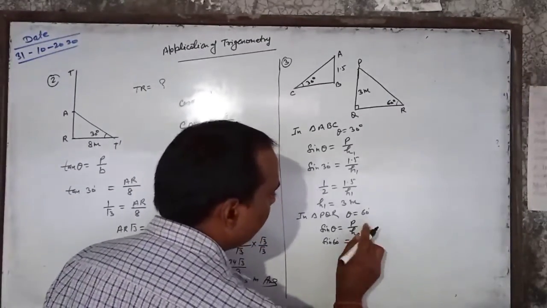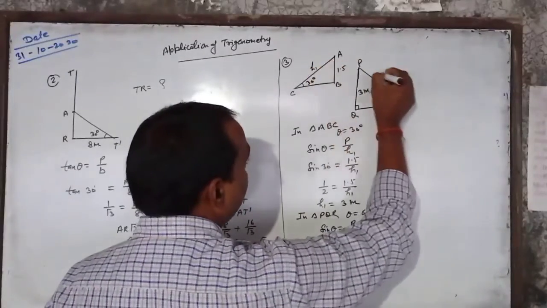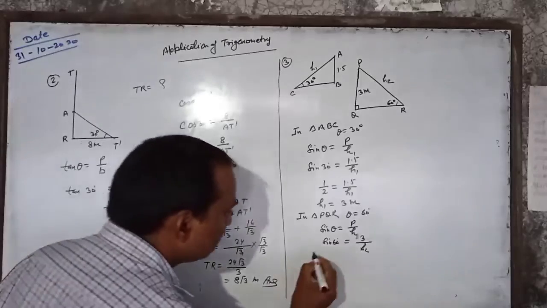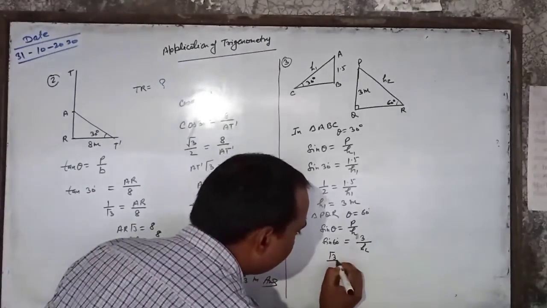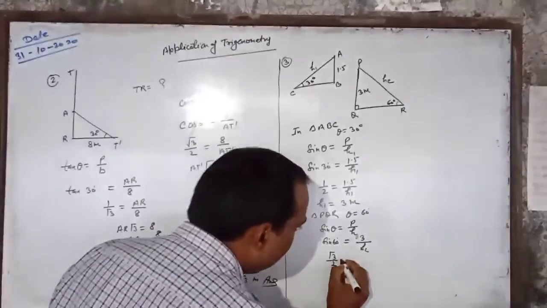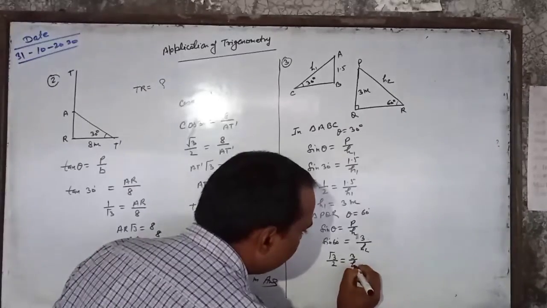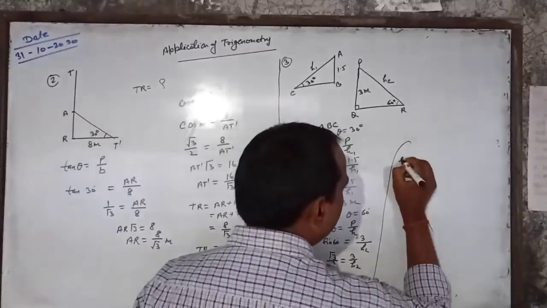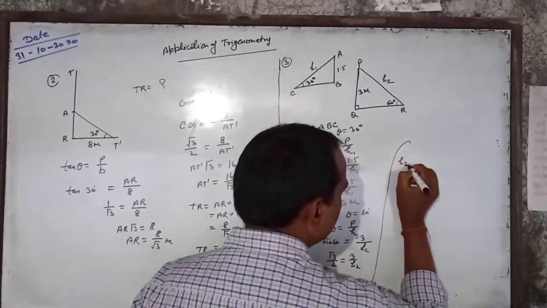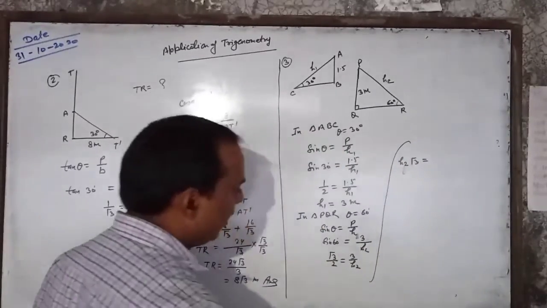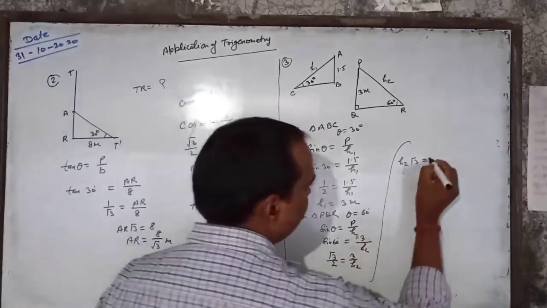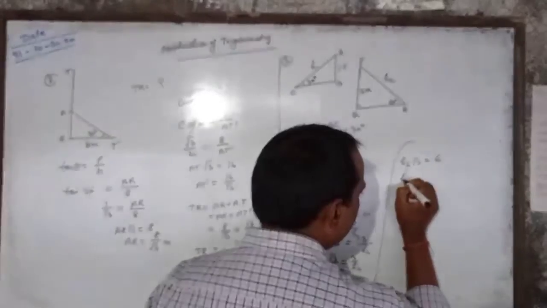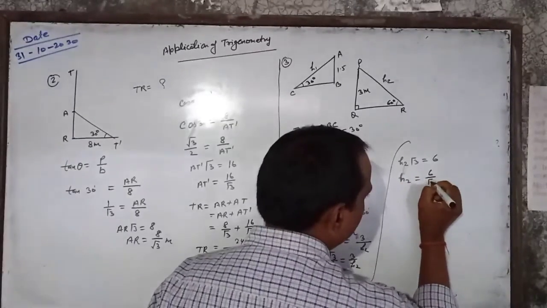Let it be H1 and it be H2. Okay. Here sin 60 equal to root 3 by 2 equal to 3 by H2. So here cross multiply, we can write H2 root 3 into 2 is 6, or we can write H2 equal to 6 by root 3.